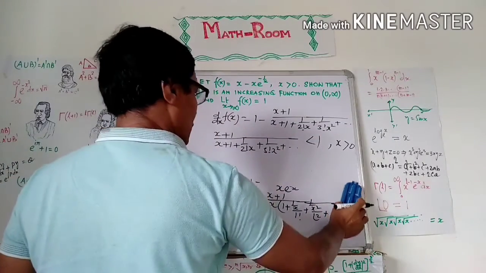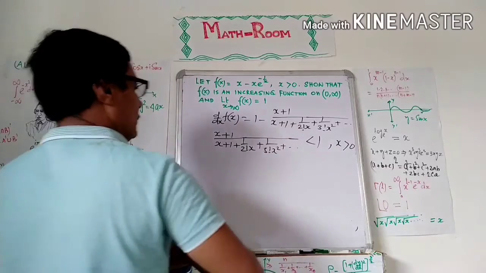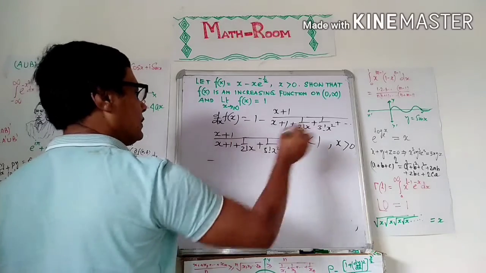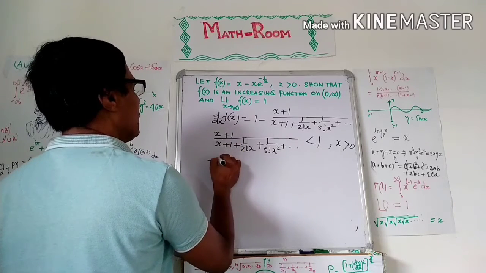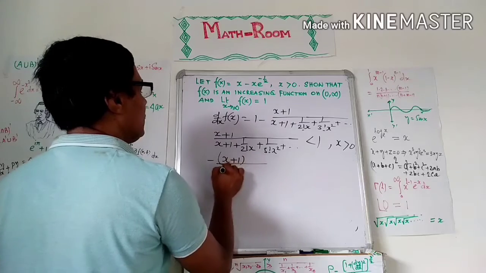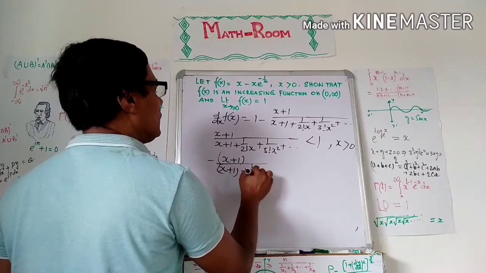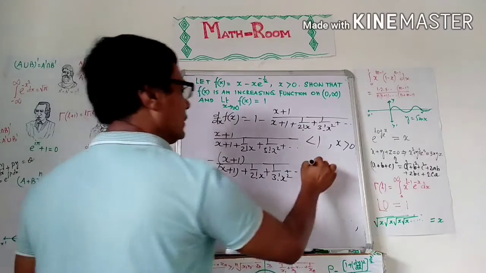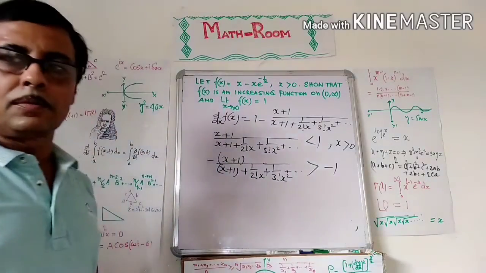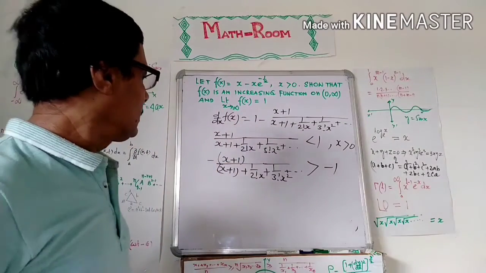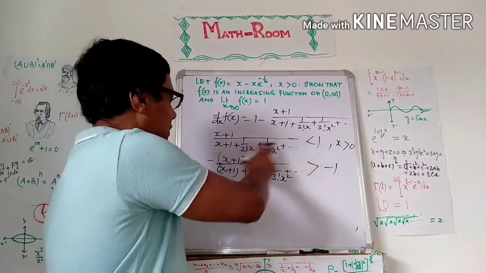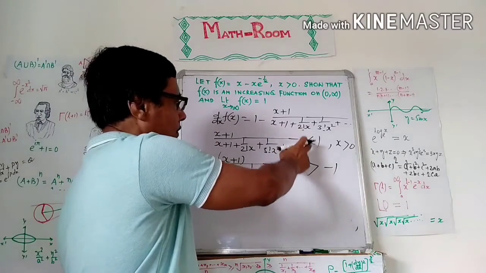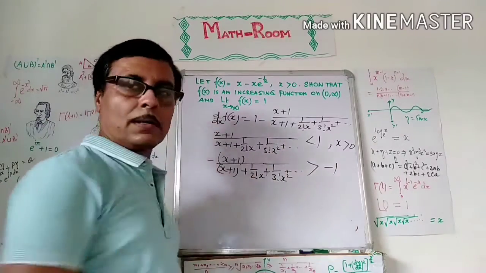So, if we multiply both sides of this inequality by minus 1, we get minus (x + 1 over 2! x, 1 over 3! x² ...) greater than minus 1. The inequality is changed: it was less than 1, and now it is greater than minus 1.